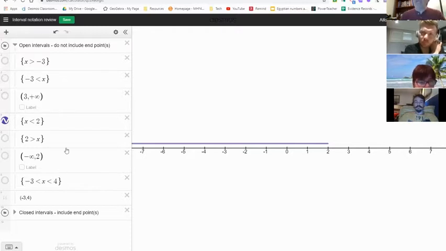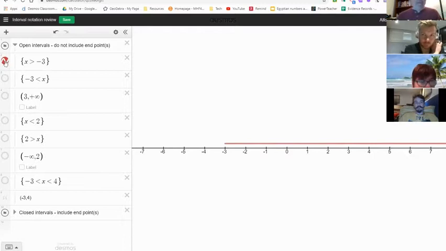So in the first example here, -3 is the smallest number in the interval, and then we go to the right. Here, the smallest number in the interval is negative infinity. We're beginning at negative infinity. So think of the interval in this notation as the start value and the end value for that set of points. So we have intervals that go to infinity one way, and to infinity the other way.